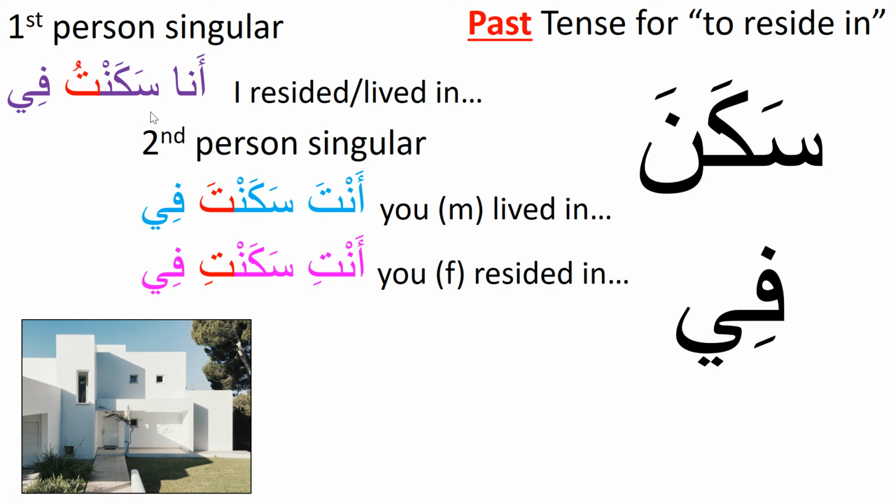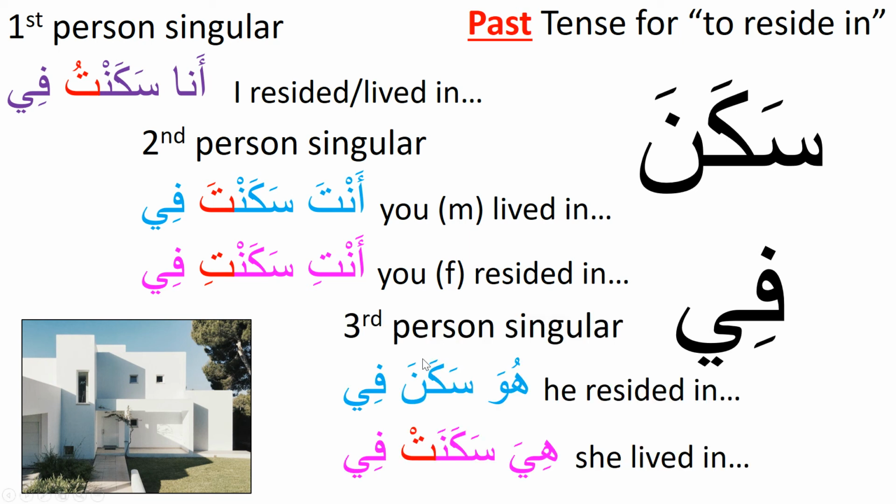What about you masculine? Anta sakanta. You feminine? Anti sakanti. And remember, with our he did something, make sure you pronounce that fatha at the end of the verb, right? It's hua sakana.